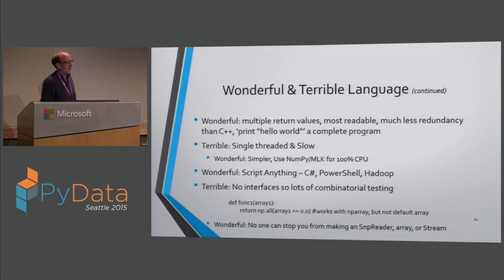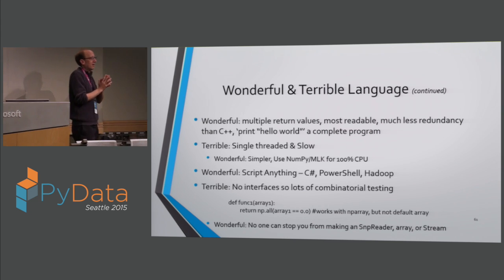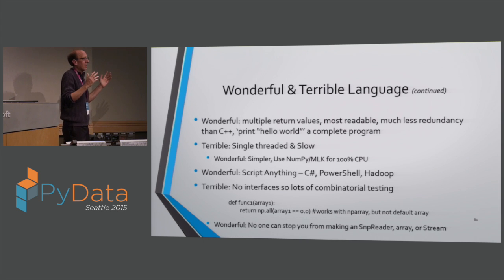I'm sorry that it doesn't have true or enforced interfaces. The idea that you say that this is a PySnp PstReader, and you claim you're a PstReader, and if you're not, you'll get an error message at compile time instead of a runtime error. I've had a thing where someone wrote code for arrays, and we passed in an array, and it failed.